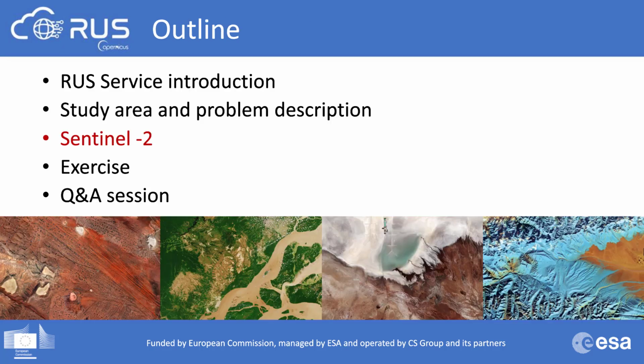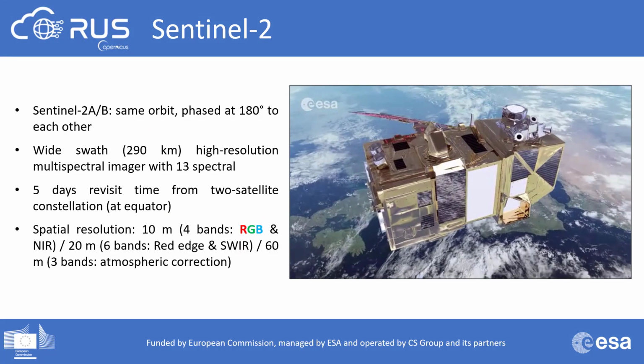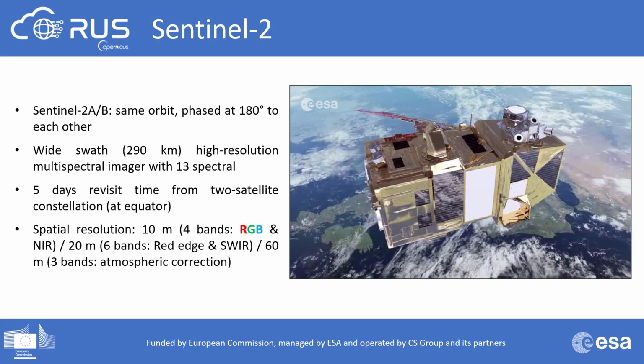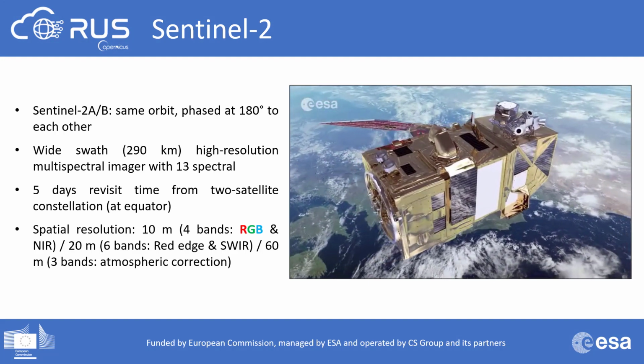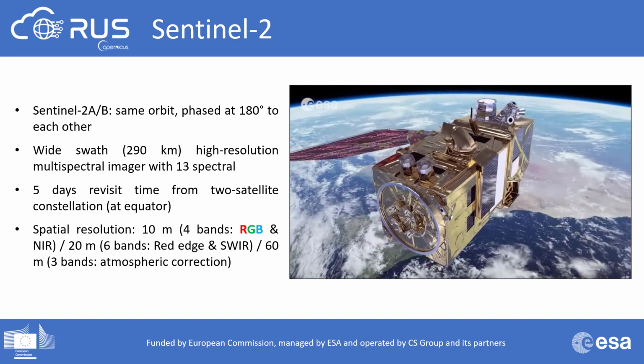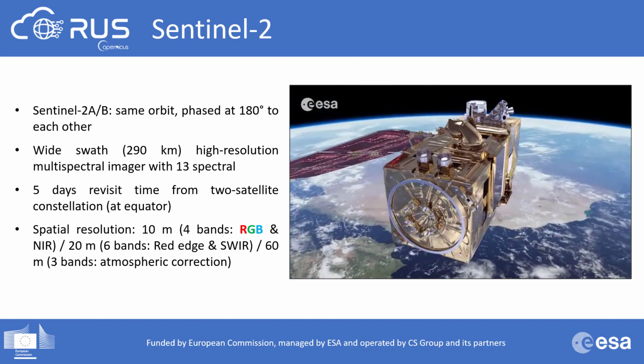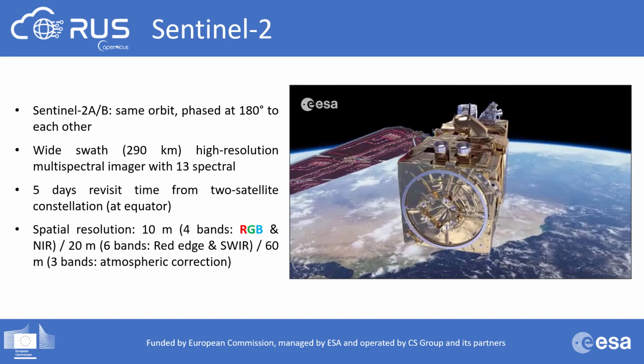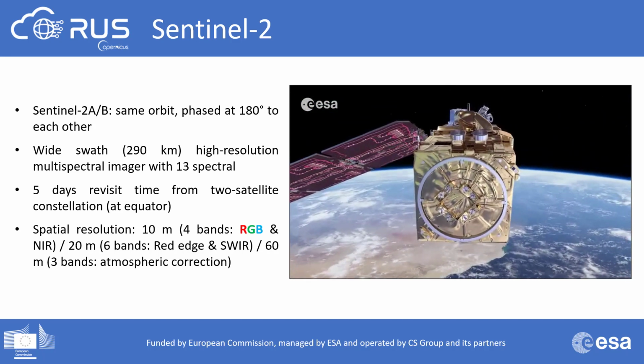Now I will move to the Sentinel-2 characteristics. In this exercise, we would like to use multispectral imagery provided by the Sentinel-2 satellite. The Sentinel-2 mission carries a passive sensor that is formed by a constellation of 2 satellites, Sentinel-2A and Sentinel-2B.